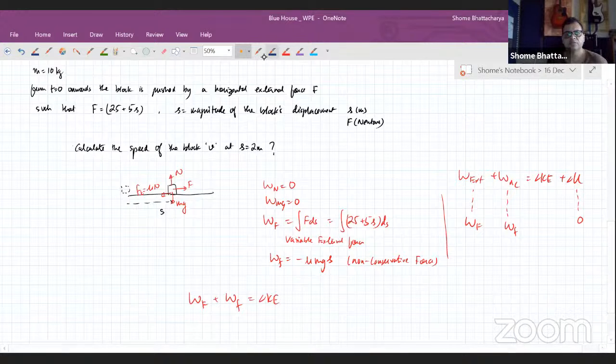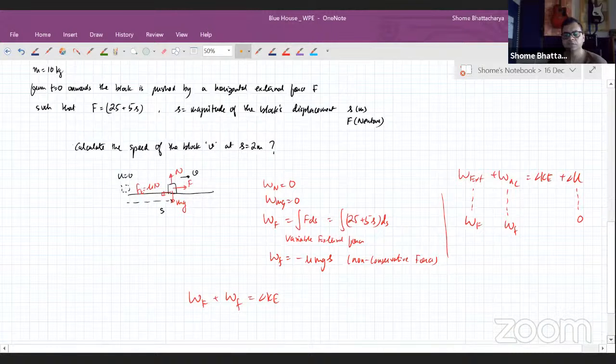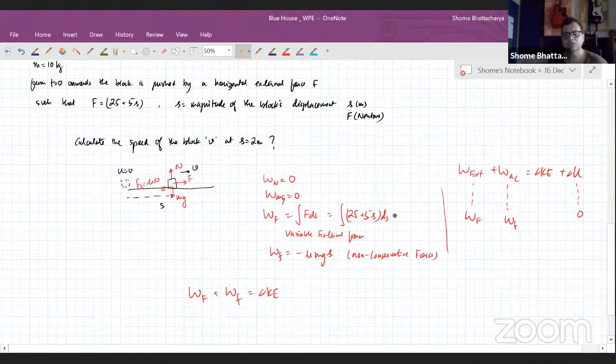And the block started from rest initially, and after some time, it has a speed v. So our equation will become, now this thing will become how much? It will become 25s plus 5 by 2 s square.